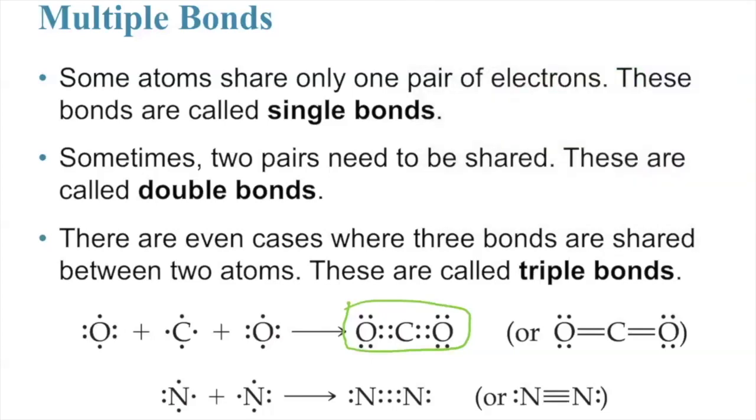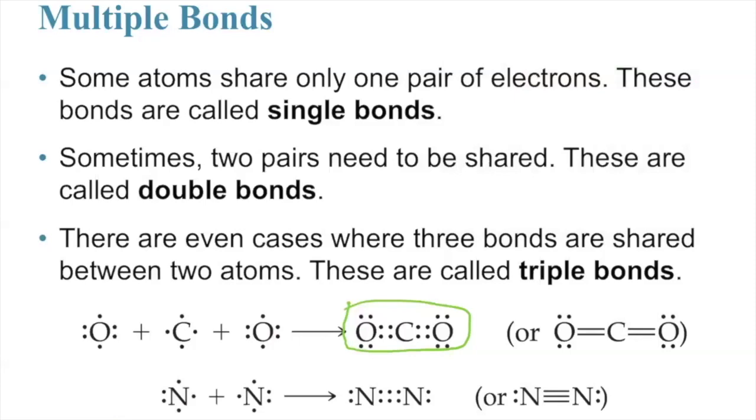Now we want to connect them, so these 2 electrons are going to be shared. Now count how many electrons are around oxygen: 1, 2, 3, 4, 5, 6, 7.